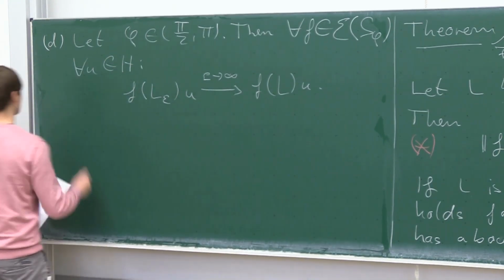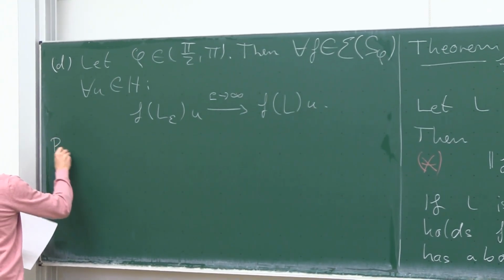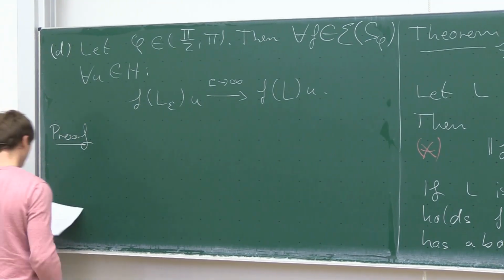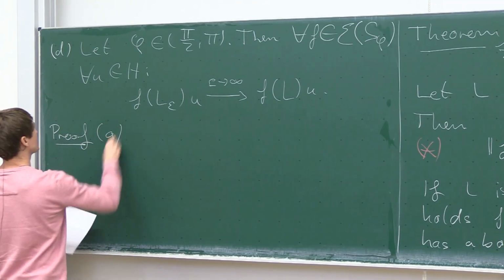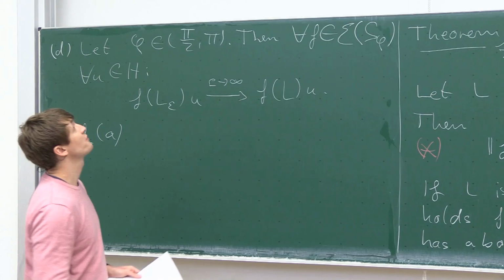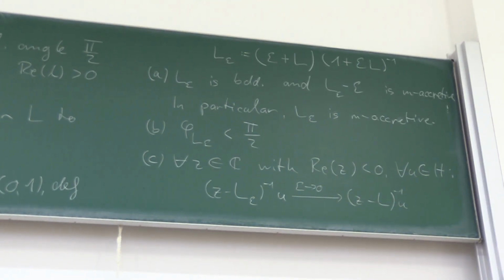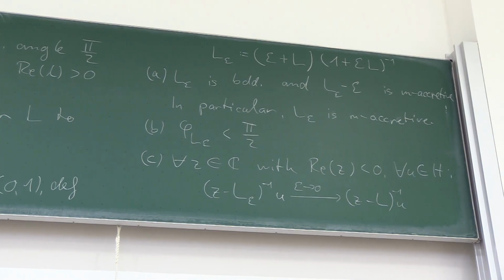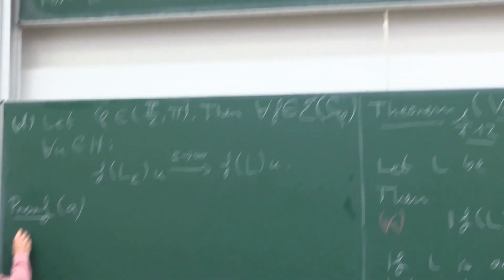Okay, so let's start with the first statement. A. So the first statement was that L epsilon is a bounded operator, and that L epsilon minus epsilon is accretive, in particular that L epsilon is accretive. So let's start to prove it, and we start with a boundedness statement.